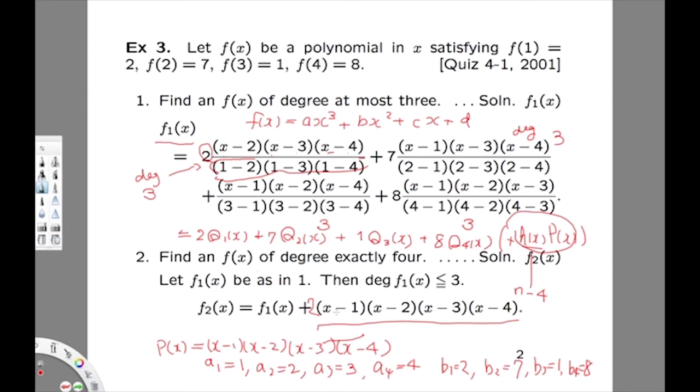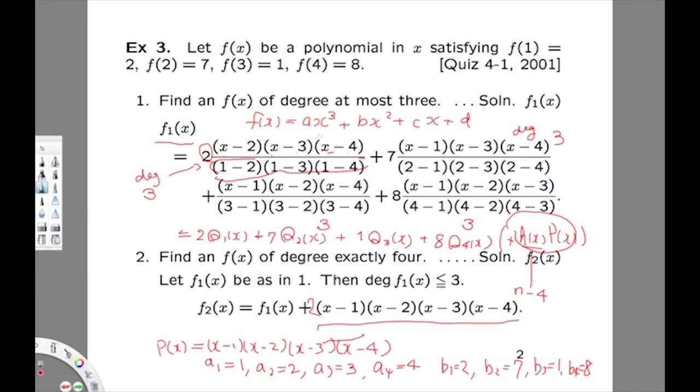Then what if the problem is asking you to write a polynomial of degree exactly 7? What should we do? Any idea? You can probably multiply x cubed to the 4 dx part.